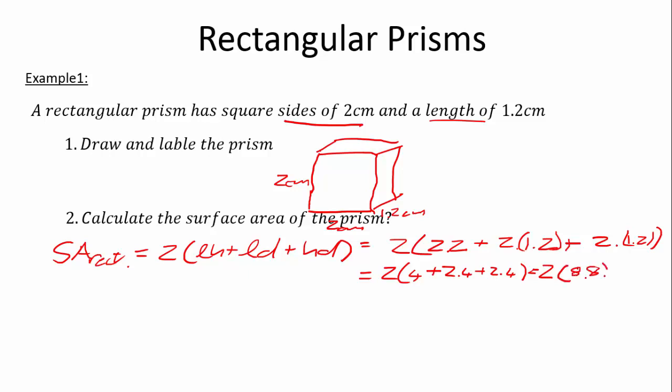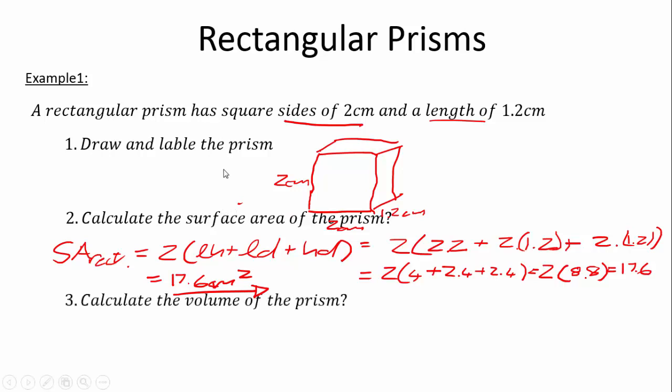What is 2 multiplied by 8.8? 2 multiplied by 8 is 16, and 0.8 times 2 is 1.6. So 16 plus 1.6 is equal to 17.6. And that's not finished: centimeters, not meters, squared. And that is our answer.